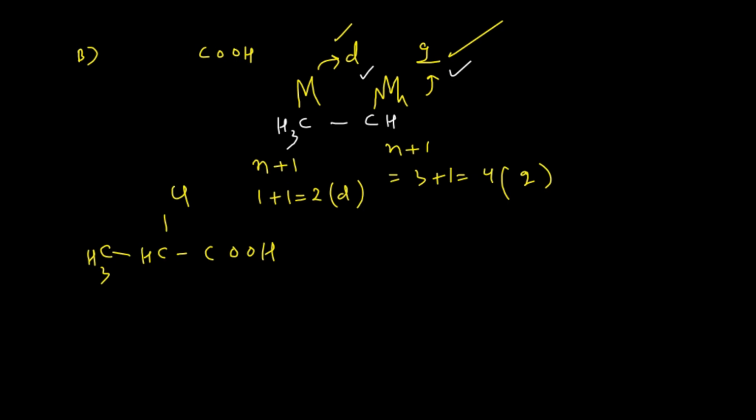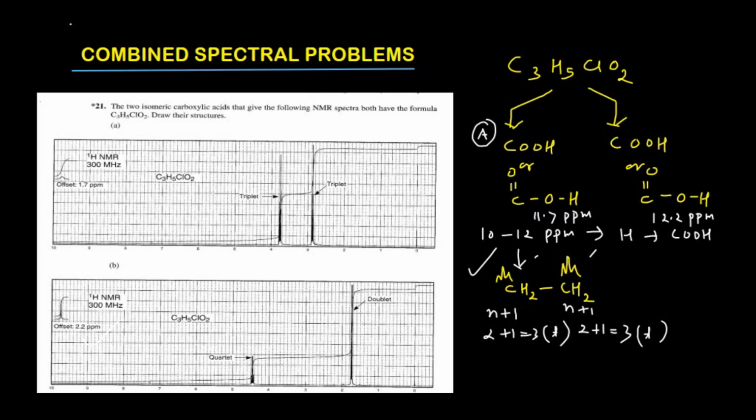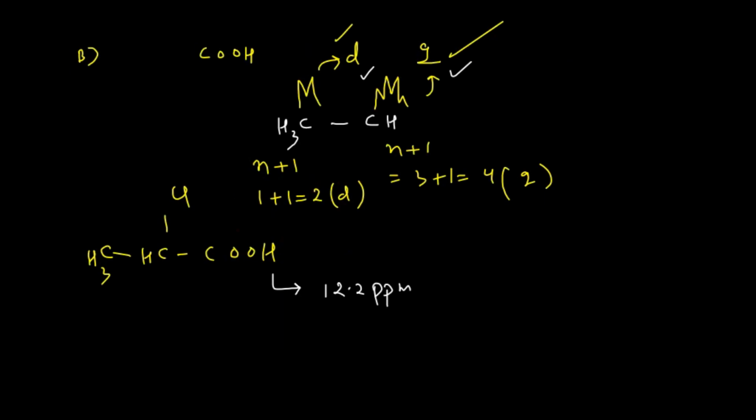And now you can see here, this particular signal will appear somewhere at 12.2 ppm. So if I go back, why is this signal at 12.2 ppm, while for the earlier one, the signal was around 11.7 ppm? The reason is quite obvious.